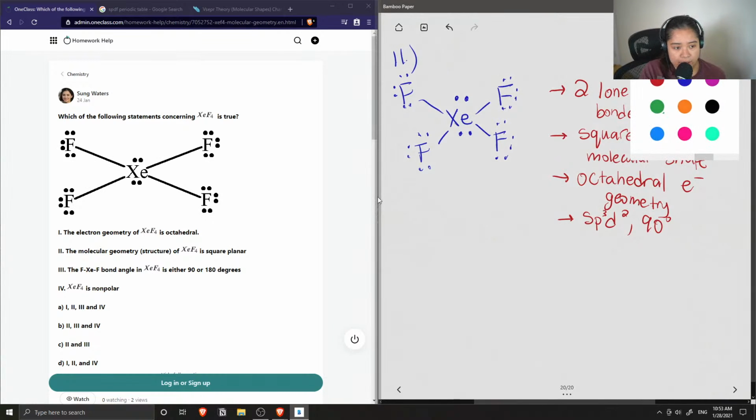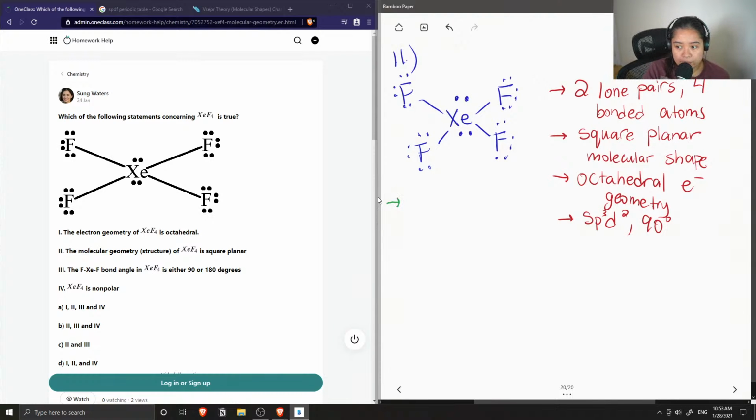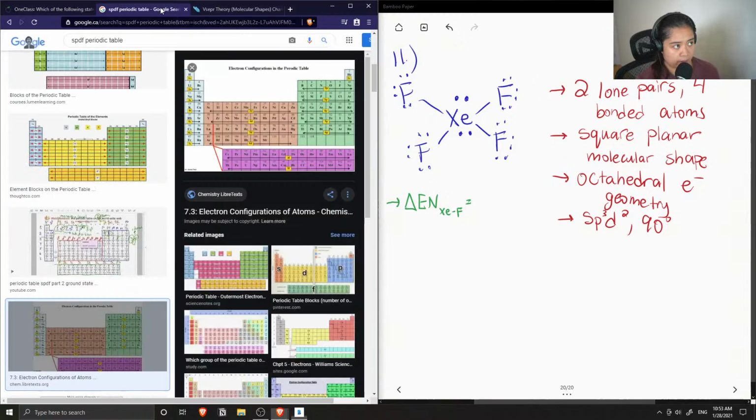So the steps in finding out whether or not a molecule is polar or nonpolar is to first find out if we have any polar bonds. To find out if a bond is polar, we need to calculate the electronegativity difference between xenon and fluorine. So now let's look up the electronegativity values for both.